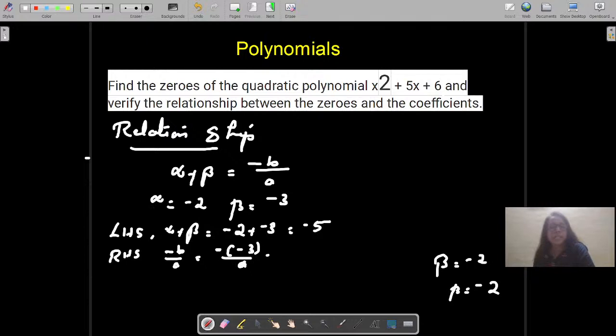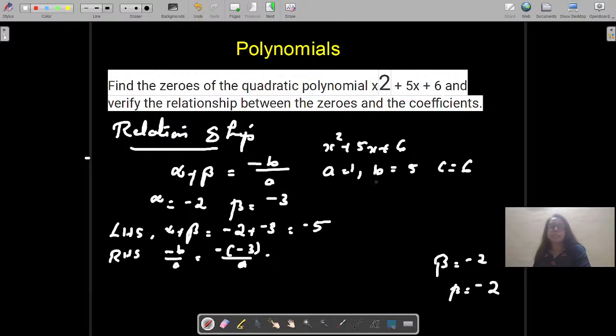What is a? A is the coefficient of x square. In x square plus 5x plus 6, this is the equation, a is equal to 1, b is equal to 5 and c is equal to 6.